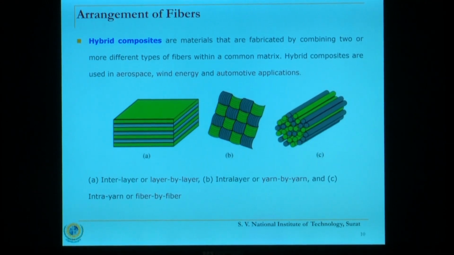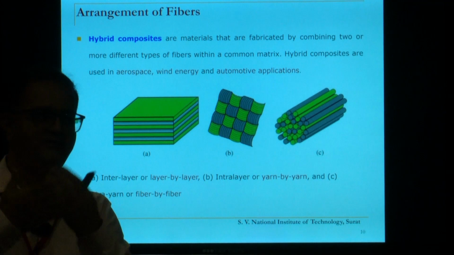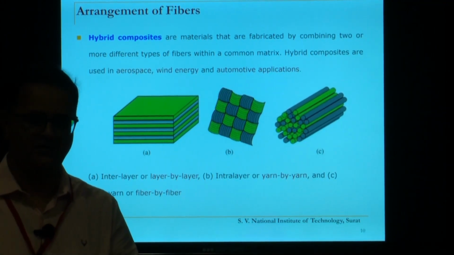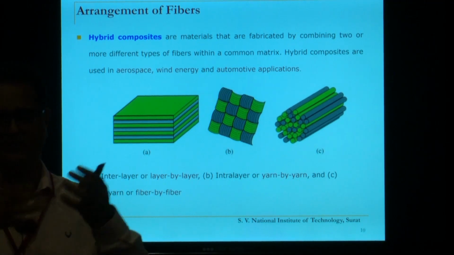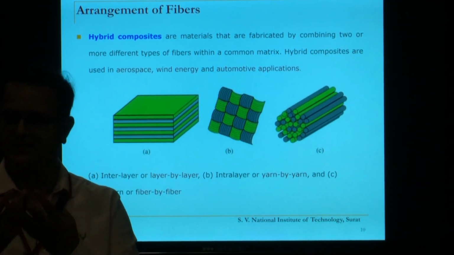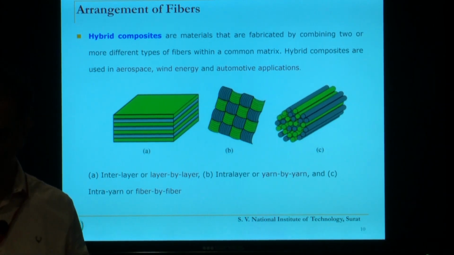Or what you do is you create yarns, but with those yarns you make different combinations, maybe in bidirectional. So, often the clothes that we have, the multicolor clothes that you see, those are different yarns that are put together in a specific fashion. And then the third one is intra yarn, the combination of different fibers inside one yarn.